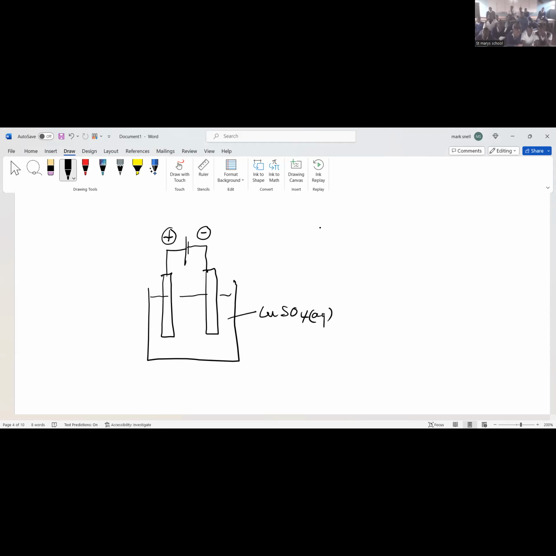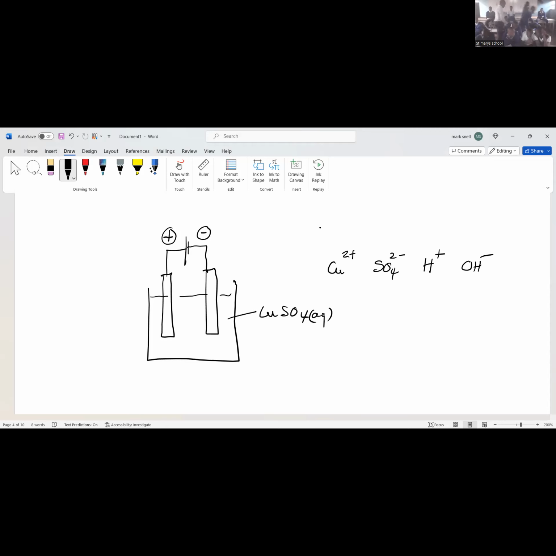The way I teach my class is that the long line is long enough to make the plus. The short one is only enough to make the minus. So copper sulfate solution will contain Cu2+ ions, SO4 2- ions, and because it's in water, we have H+ and OH-.